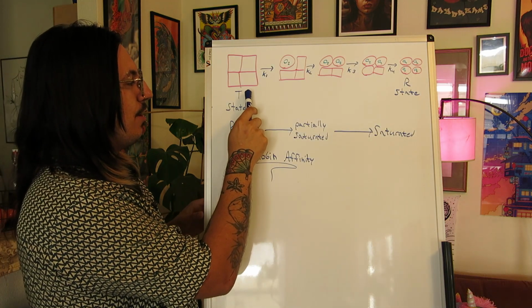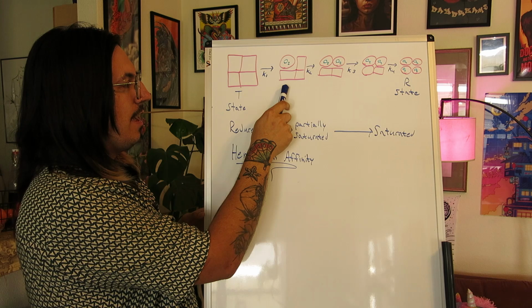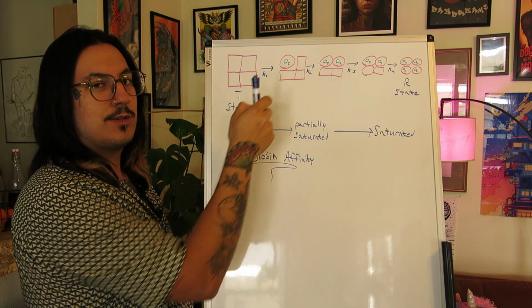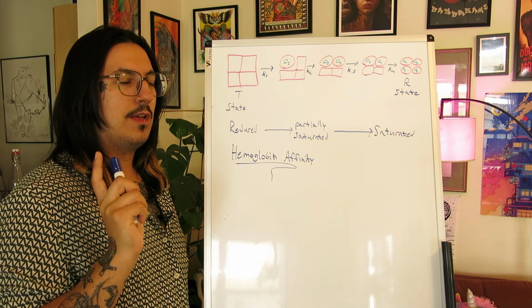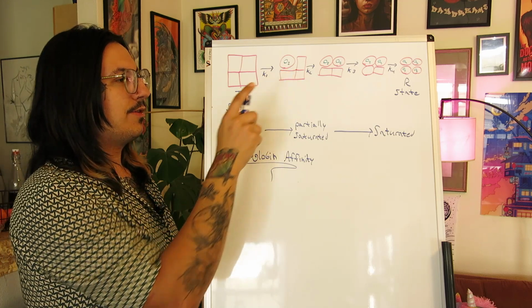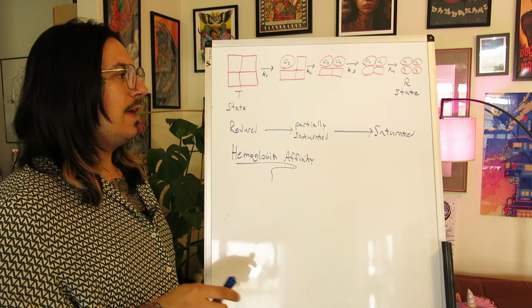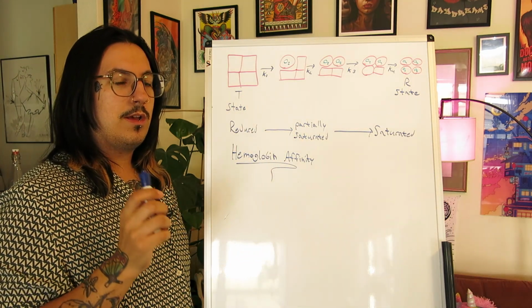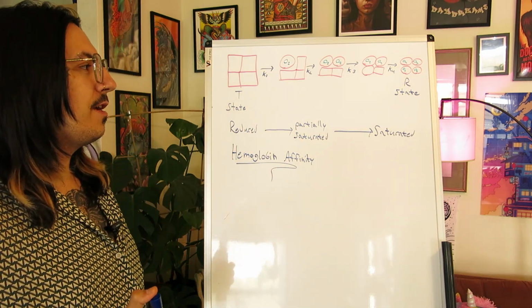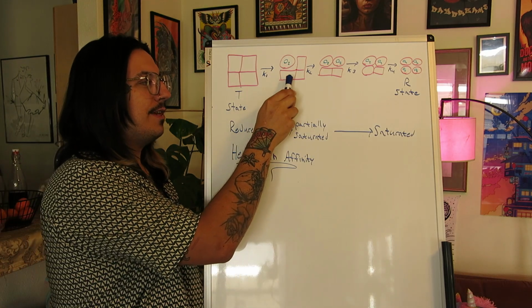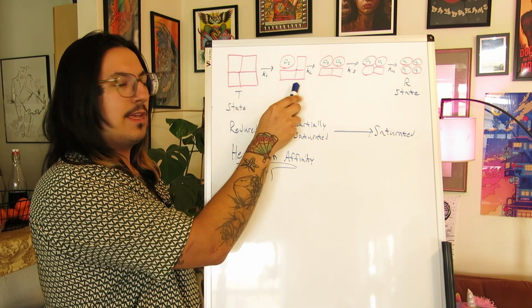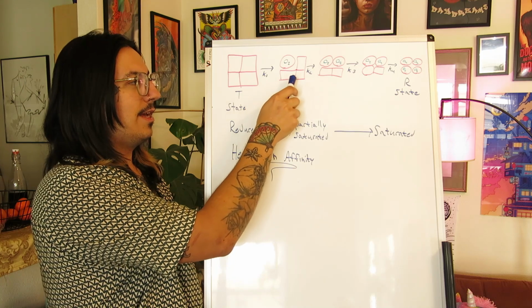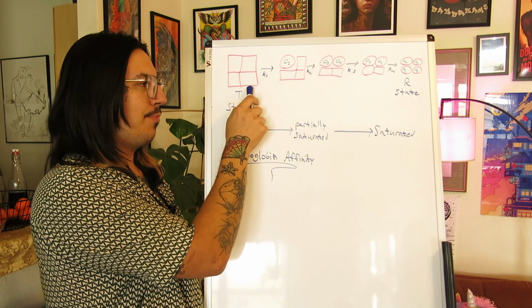And once we go from the tense state through K1, and we bind one O2 molecule to the hemoglobin, it's going to increase the affinity for oxygen. We can look at it as, now this conformation is more likely to accept another oxygen than the previous.